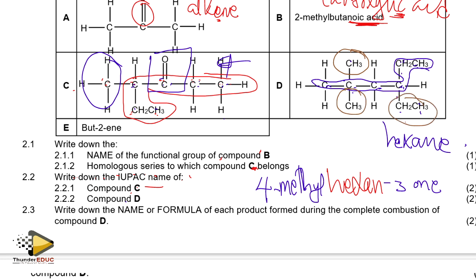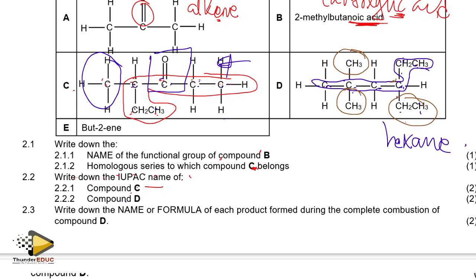Now that I know the side groups, I will find the positions. This is 1, 2. The first one is on carbon atom number 2. If I count from this side, 1, 2, 3, it is on carbon atom number 3. So basically, I will go with carbon atom number 2.